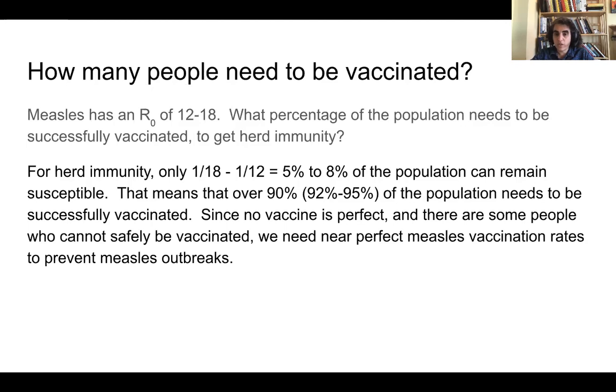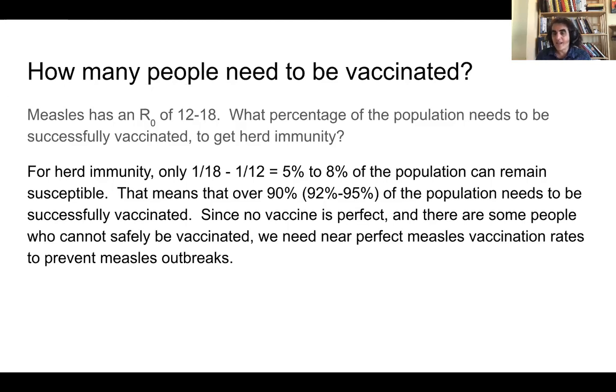For measles, if we try to do the same calculation, you'll see that we need almost everybody to be vaccinated. We need the susceptible rate to be under 10%, somewhere like 5 to 8% of the population. Since no vaccine is perfect and we can't vaccinate everybody, that means in order to get herd immunity against measles, we need virtually the entire population to be vaccinated in order to maintain that.